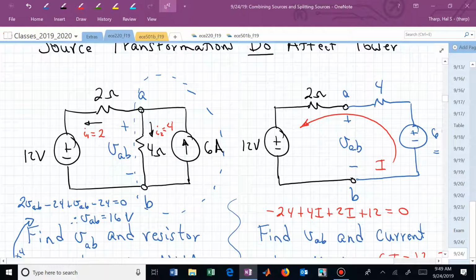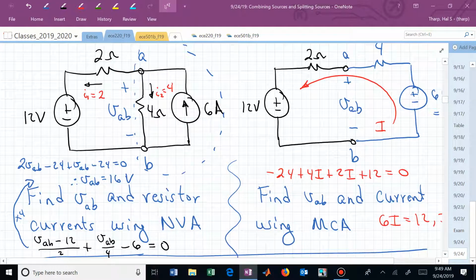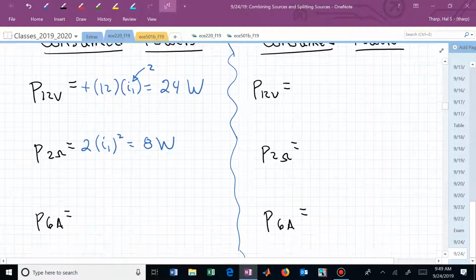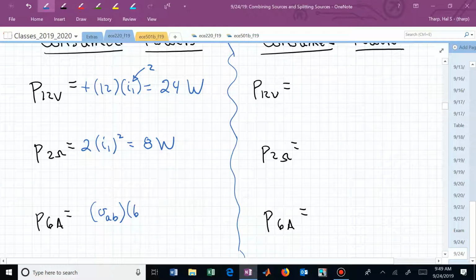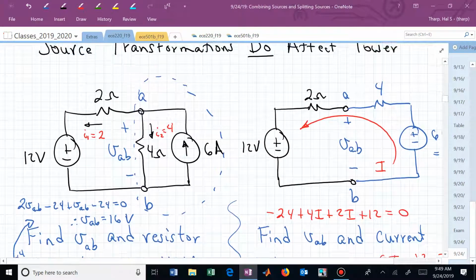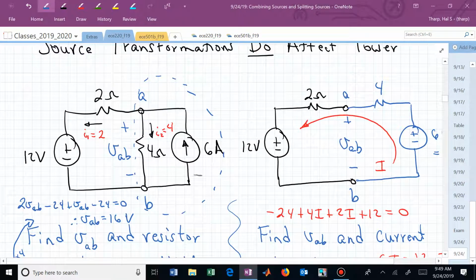So the voltage on that 6 amp current source we know, and using that VAB value, what's the sign in front of this formula, which is voltage times current, using the passive sign convention? Here we're doing minus plus VAB.